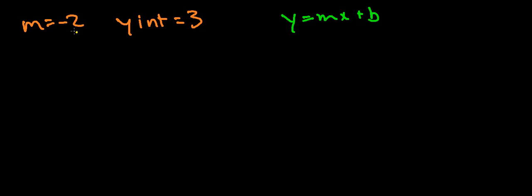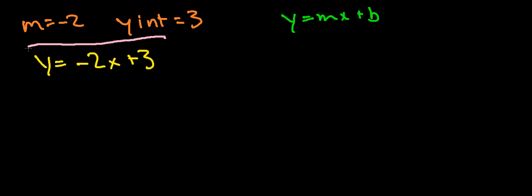And all we do now is just put in minus 2 for m and 3 for b. y is equal to minus 2x plus 3. And this is our equation. Real straightforward. Shouldn't give anyone any trouble.